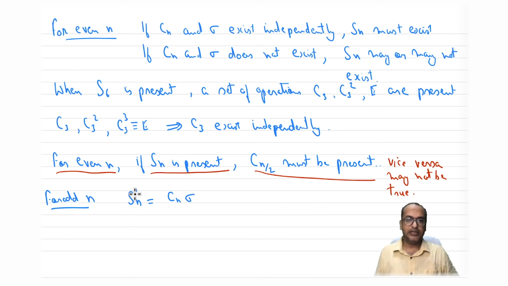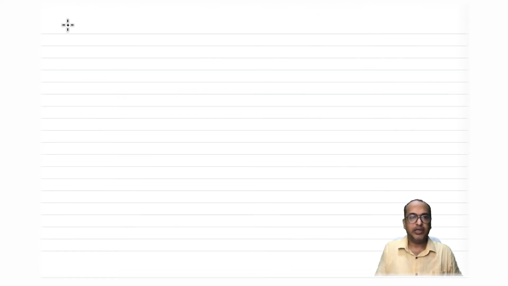Now it's easier actually if we take an example. Let us take n equal to 5. We can also take 3, but let's take 5 just to make it more clear. So let's move to the next page and see.